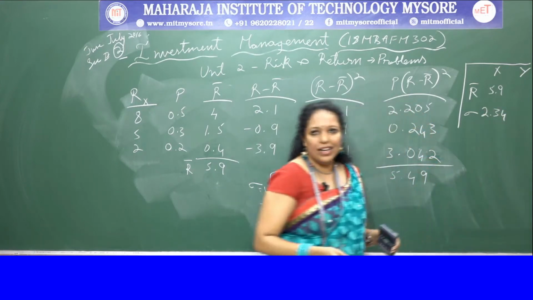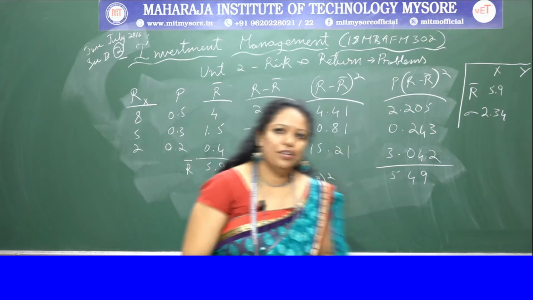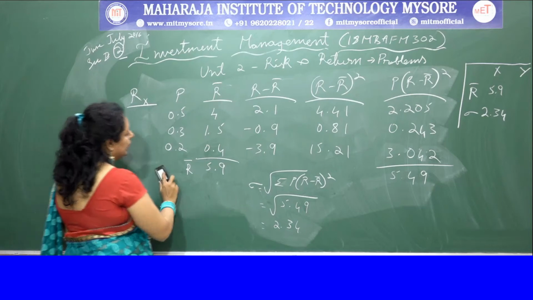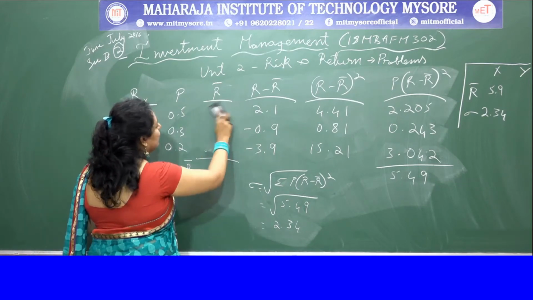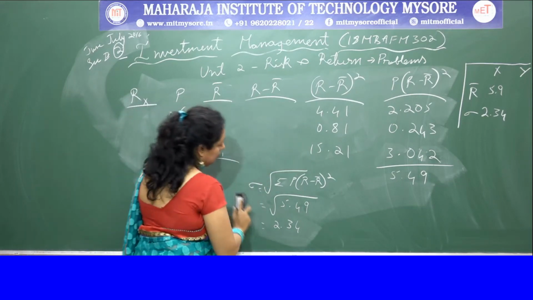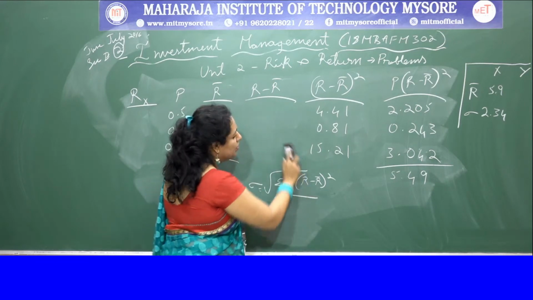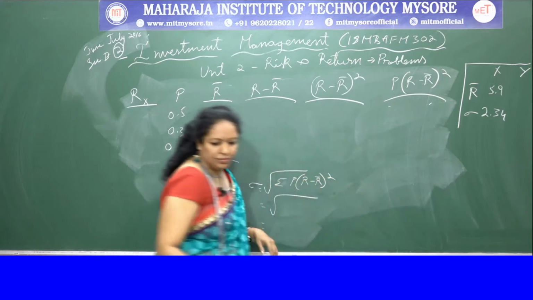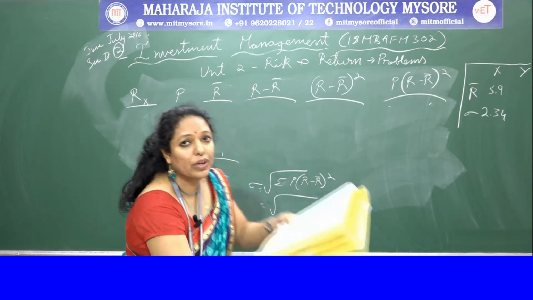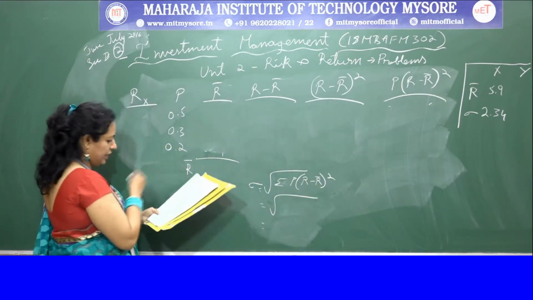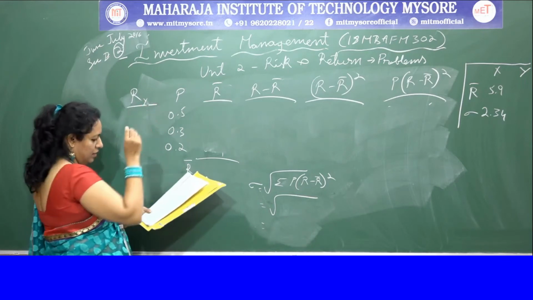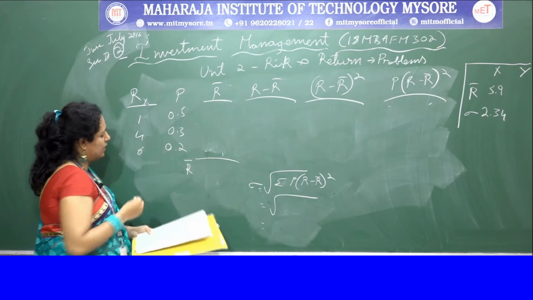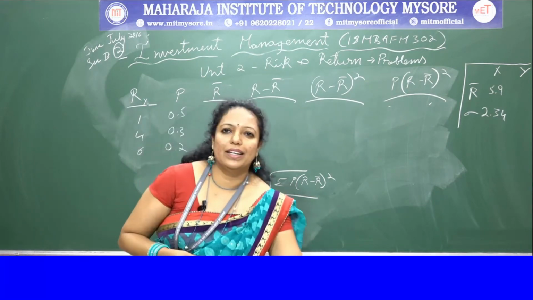Once we calculate Y, we can get the answer for comparison. So let's work out Y, where the Y security returns are 1, 4 and 6. It's the same probability they have given.